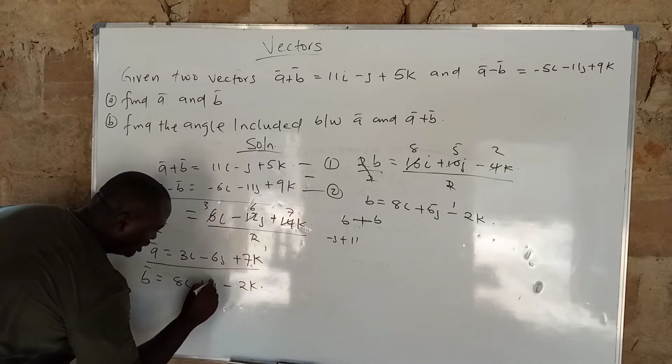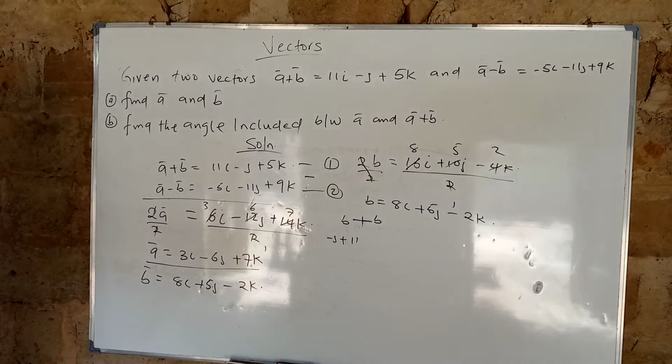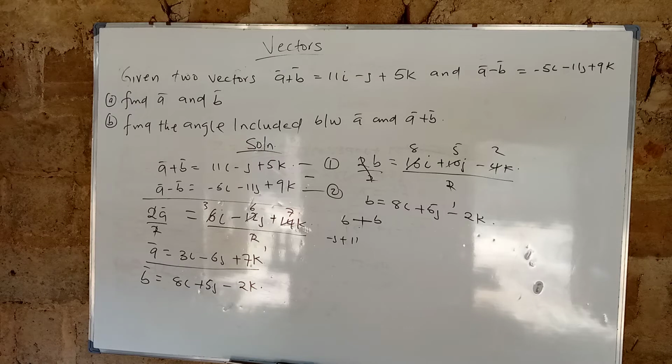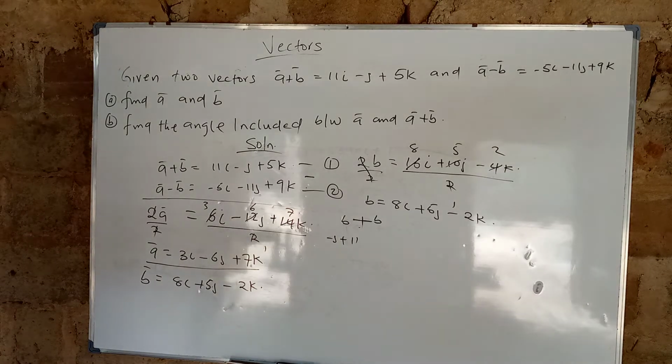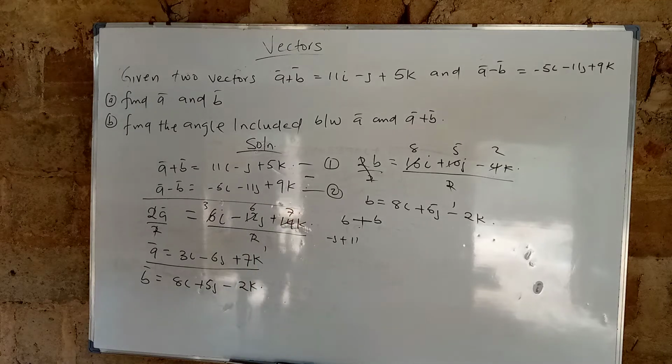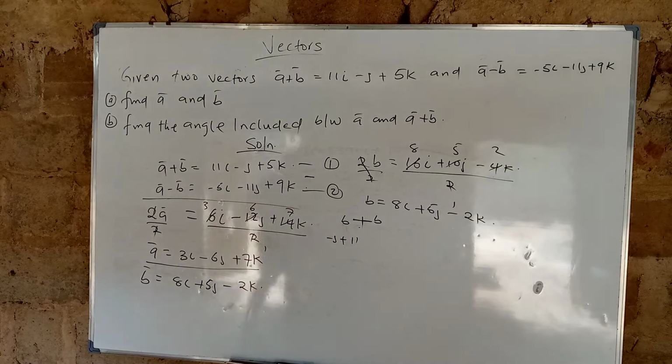The next question is a little bit tricky. They say find the angle included between A and A plus B. This is easy. And if you have watched my video on dot product, this will be like child's play to you right now.